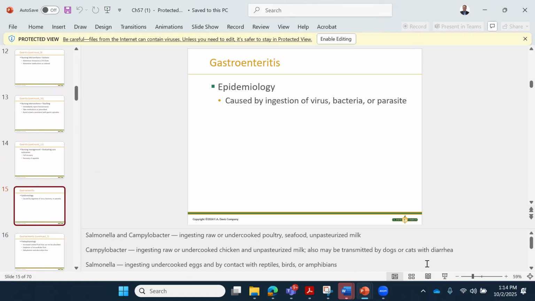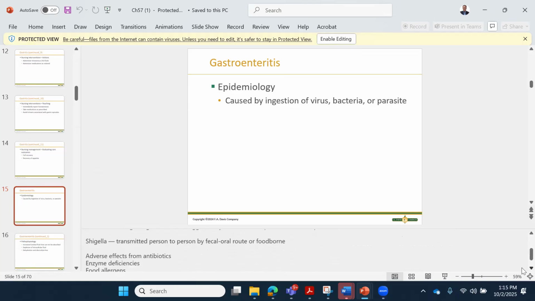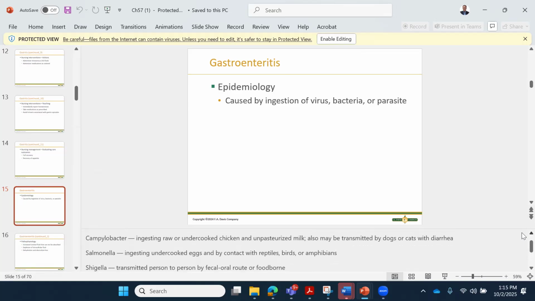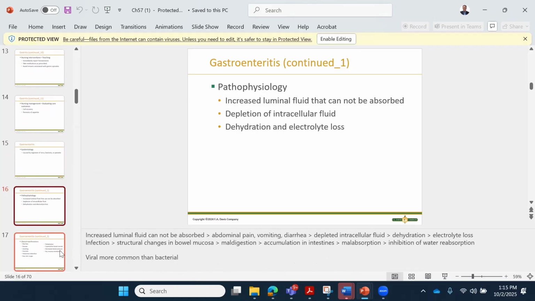So some of the usual suspects include salmonella, as an example, with undercooked chicken, and other types of toxins that are associated with either undercooked food or unpasteurized milk, uncooked seafood, for example.